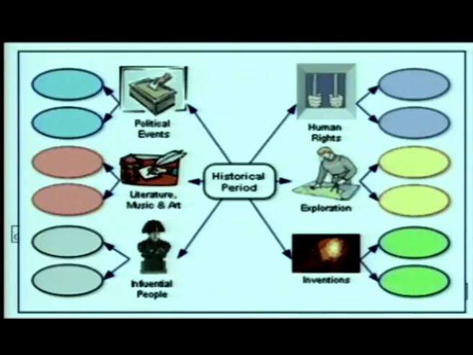Here is an example of web mapping through the internet and through websites and web technologies and so on and so forth. The historical period is a concept which has been spread through different web maps that are available to the individual, and these sources of information are also available.